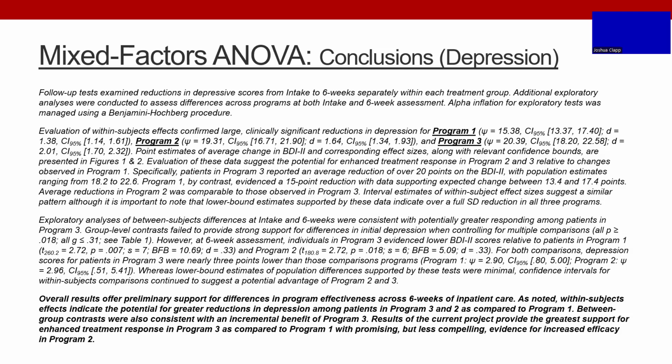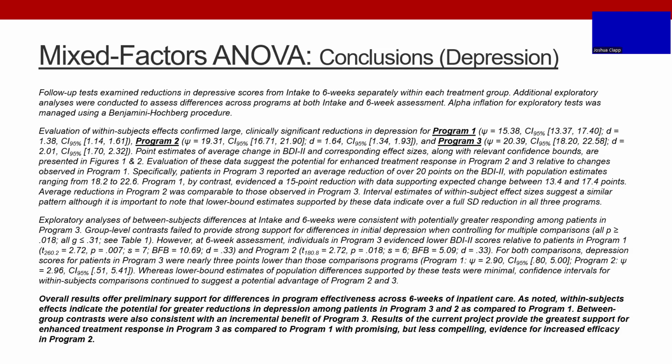Interval estimates for within subject effect sizes suggest a similar pattern, although it's important to note lower bound estimates supported by these data indicate a full standard deviation reduction for all 3 programs. So again, we're talking about minor differences here. Takeaway story: they're all producing substantial reductions. This is where I'm talking about all my within stuff: point estimates, effect sizes, and practical effects, tying all of this in. Then we jump down to the between.